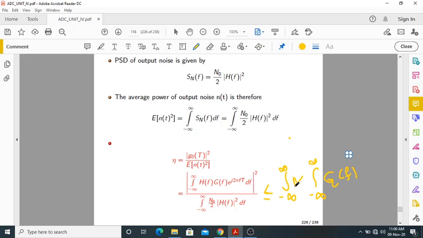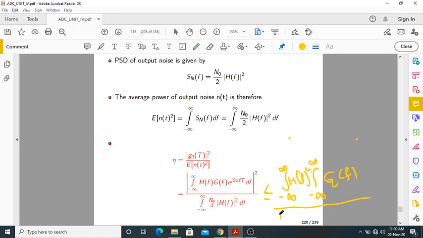This is H of f. You try to write it properly. This is |H(f)| whole square. What do you have in the denominator?